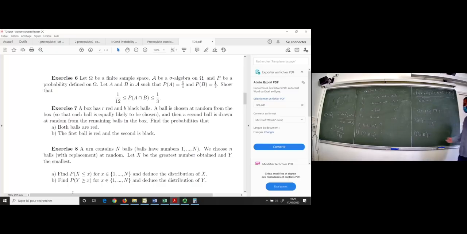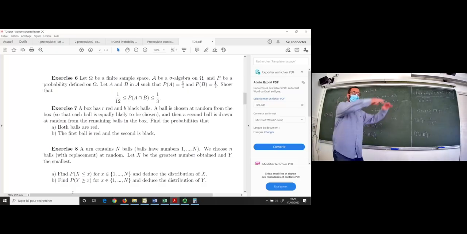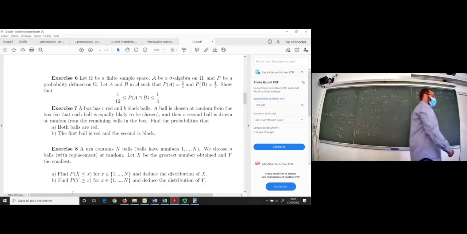So when I have this information, it means that I have first chosen a red one. Okay? So when I do the second drawing, I will have in my box B black and R minus 1 red. So what is this probability? To compute the probability that I choose a red one, how many red?